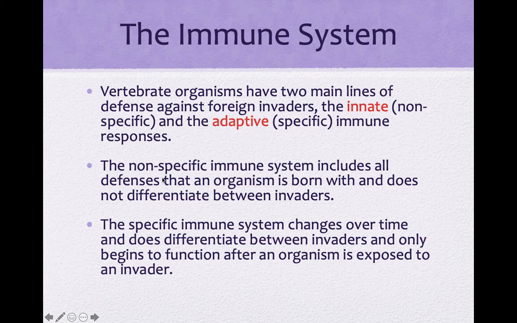So the non-specific immune system doesn't really have the ability to differentiate between bacteria species, viral species, fungal species, a splinter for that matter, tattoo ink, anything at all that's not supposed to be inside of your body. If it recognizes it as not your own cells, it will attack it, and it attacks it the same way every single time.